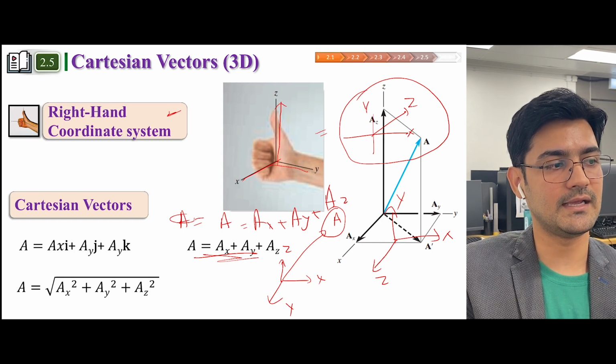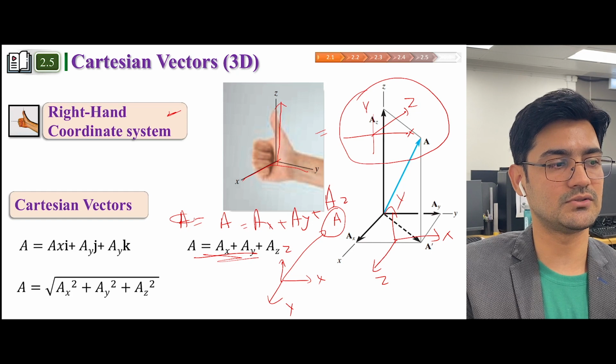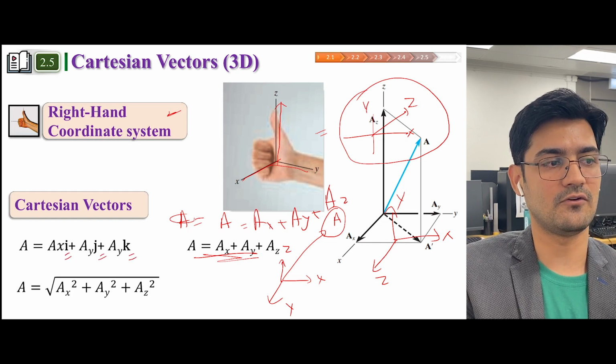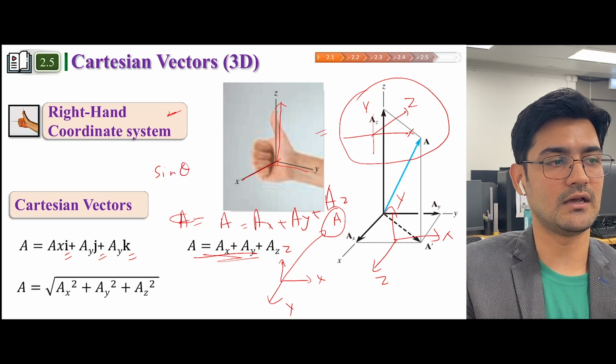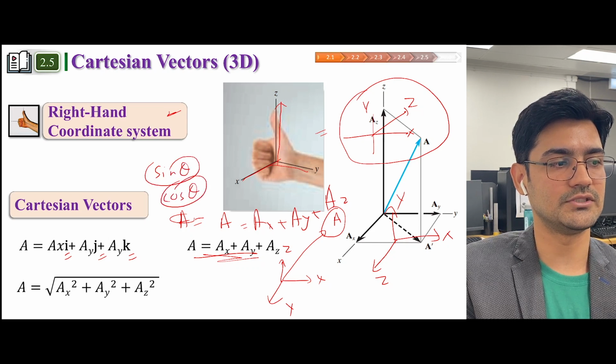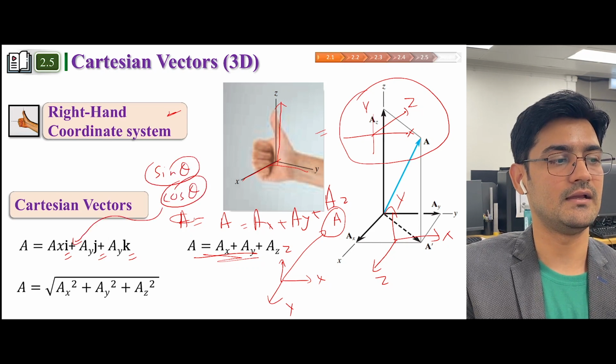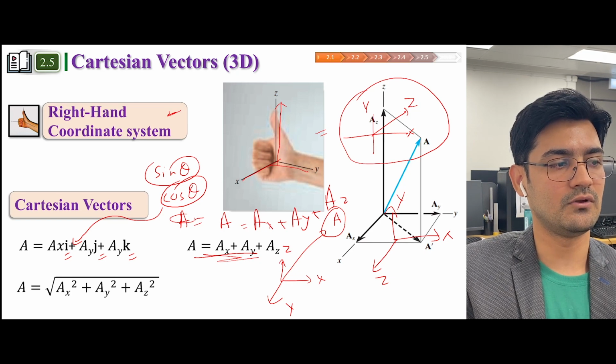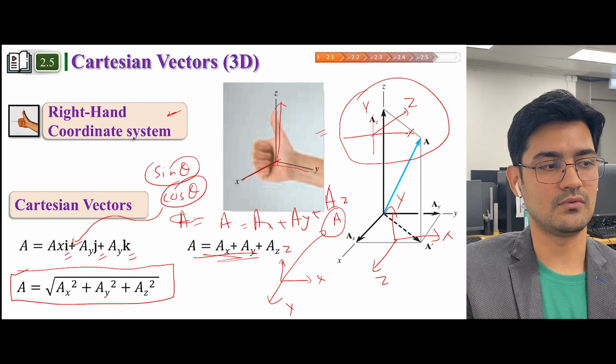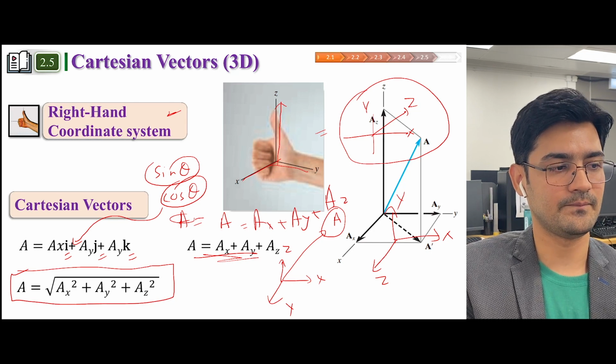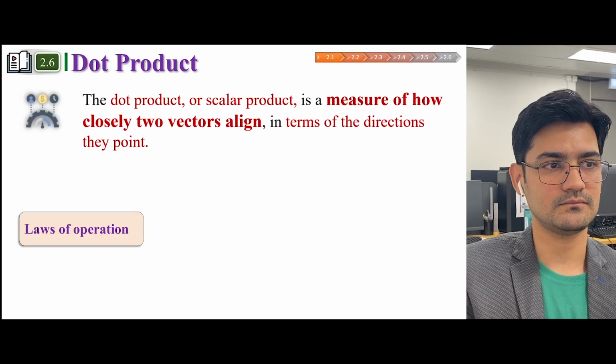If you want to replace this by a Cartesian vector, all we do is add i, j, or k. Instead of adding sine theta or cos theta, we can just add this i. And in order to find the magnitude, we can use this formula to calculate the magnitude of this vector.